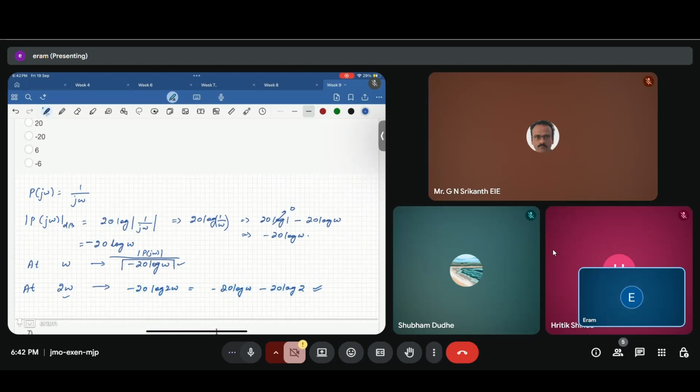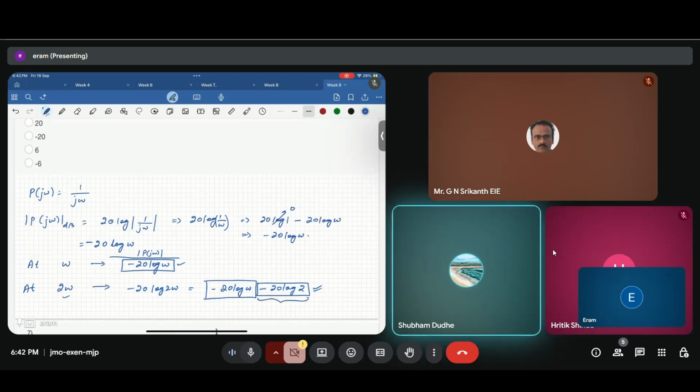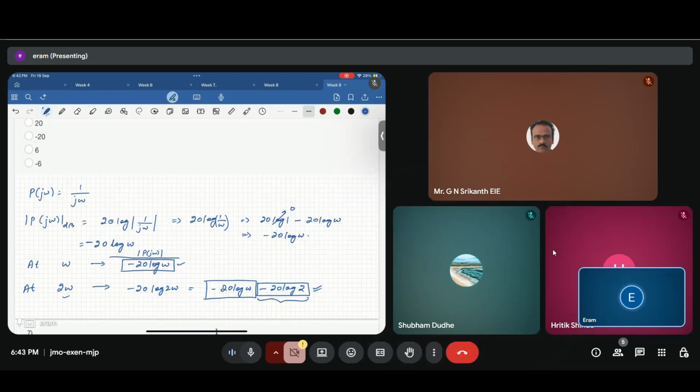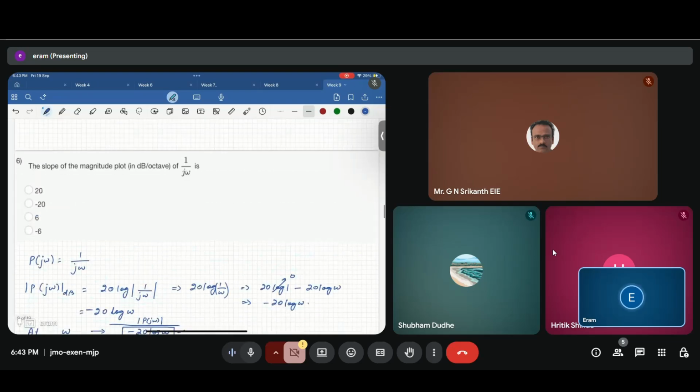Earlier we were at this, and now we are equal to this but subtracted by this much amount. So we have changed by this value. We know that 20 log 2 is nearly equal to 6, and we have a minus sign here, so it is minus 6 dB. So the answer is minus 6 dB per octave.